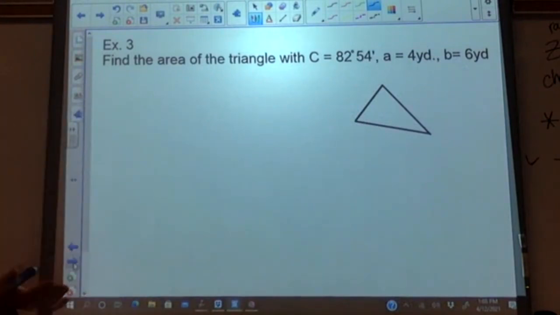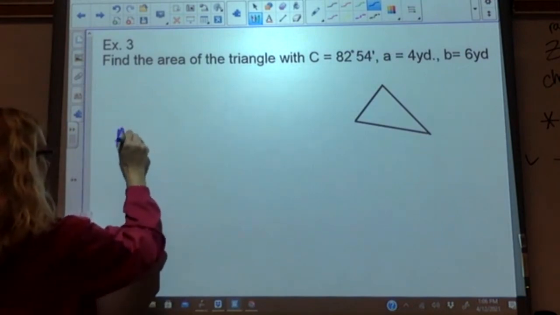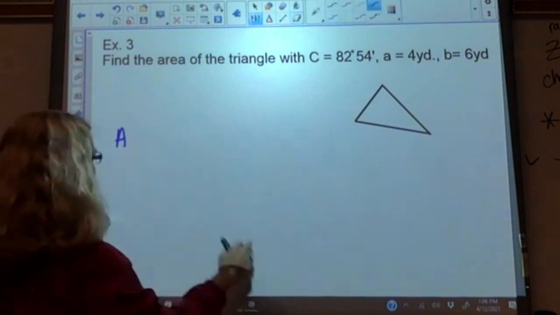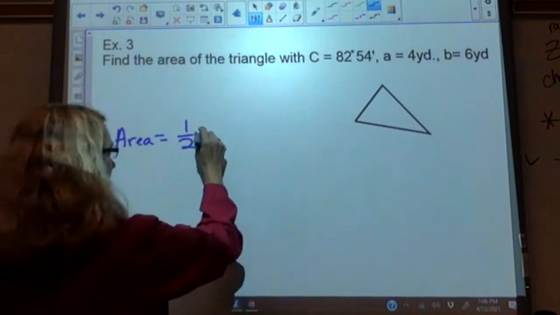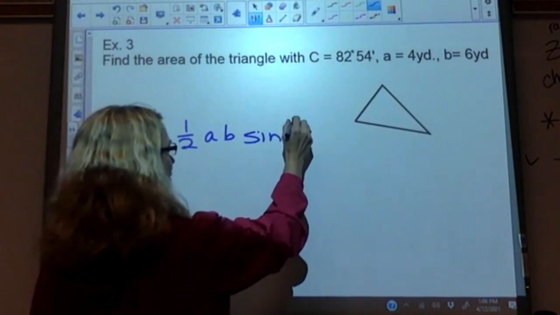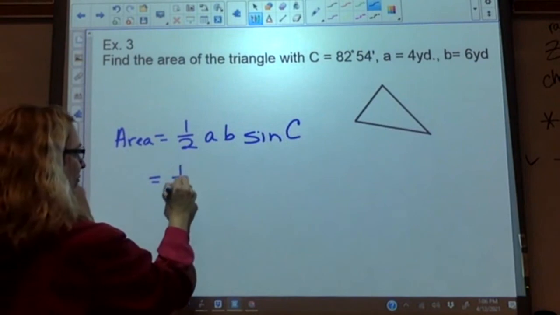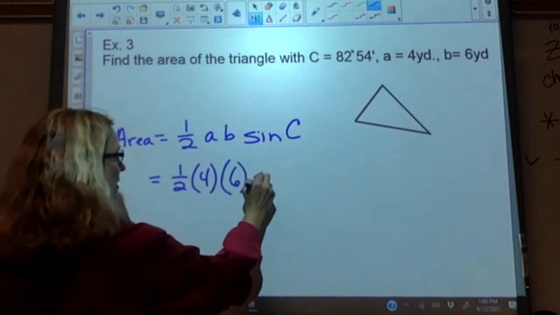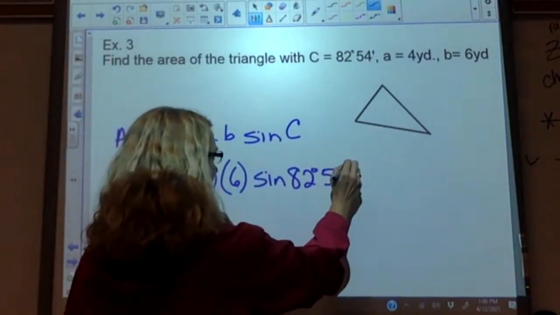And so the formula has the 1/2 in it, just like the regular triangle formula. So in this case, I would have area equals 1/2 times A times B times sine of C. Now I would do 1/2 times 4 yards times 6 yards times sine of 82 degrees, 54 minutes.